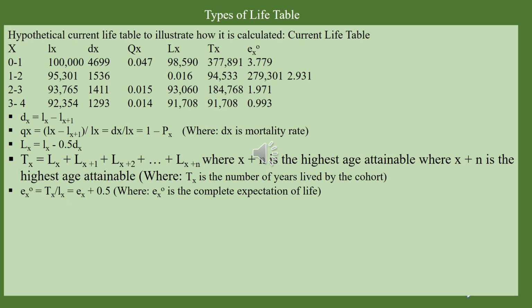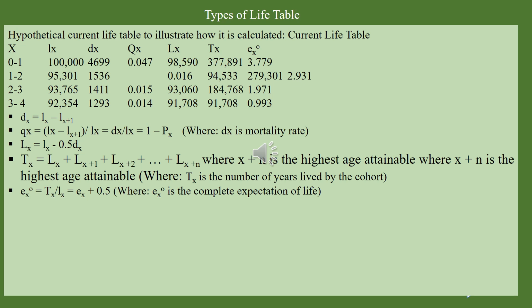Here is a hypothetical current life table to illustrate how it is calculated. Don't be scared. It's just a simple arithmetic here. The columns here, you have capital X, which shows the range of age of the animals in the population from 0 to 1 year.